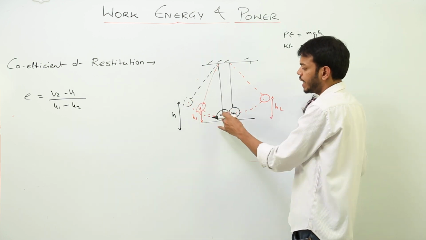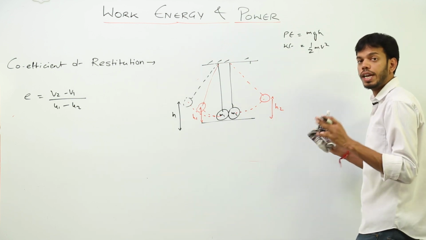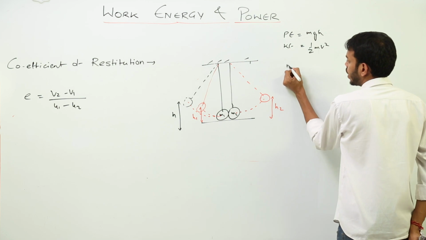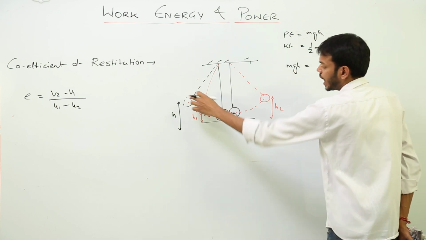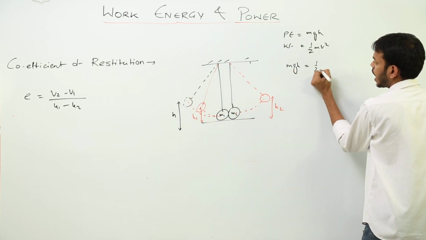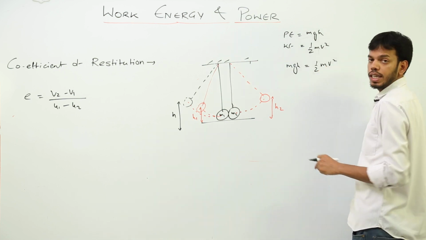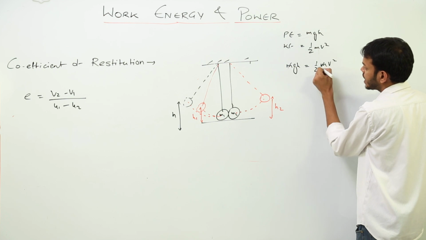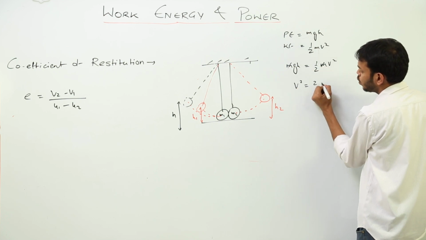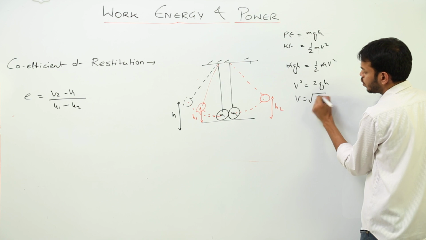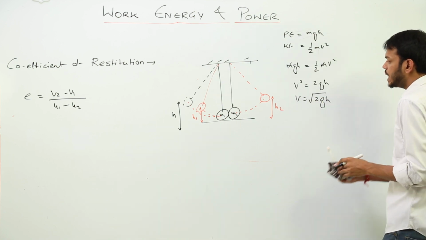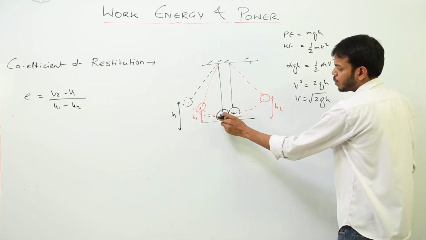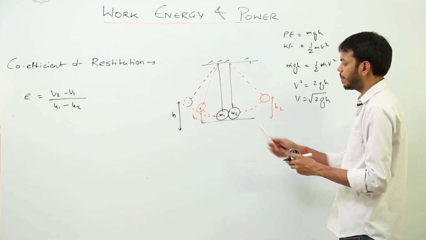So potential energy is converted into kinetic energy, but overall energy remains the same. So mgh will be equal to half mv square. The m cancels out, so we get v square is equal to 2gh, or v is equal to under root 2gh. So this is the initial velocity with which this body strikes the mass m2.